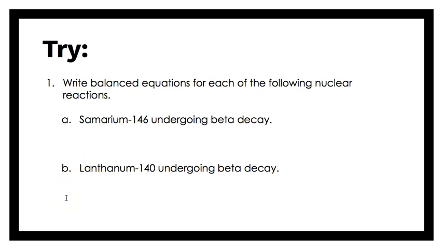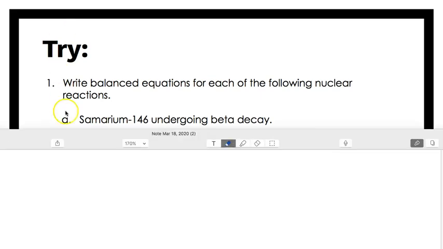Go ahead and use the example and see if you could figure these out. Then go ahead and press the play button to see what I did. Okay, so samarium has Sm as its symbol, has a mass of 146, and it has an atomic number of 62. It is going to undergo beta decay, so that means it's going to release an electron that weighs 0, has a -1 charge.